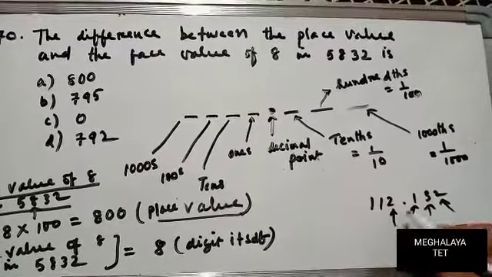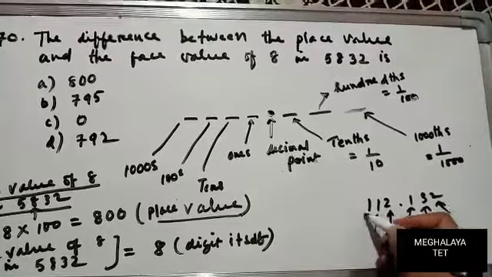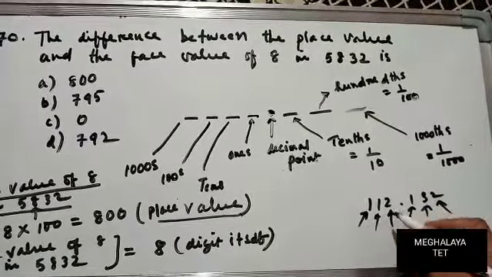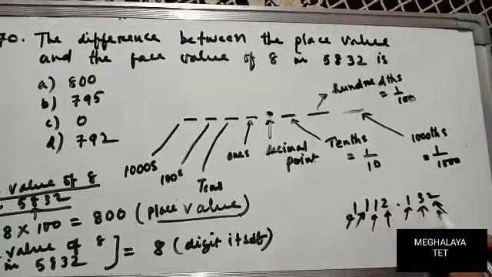And this is the ones digit, this one is tens, this one is 100, then 1000, and then 10,000.